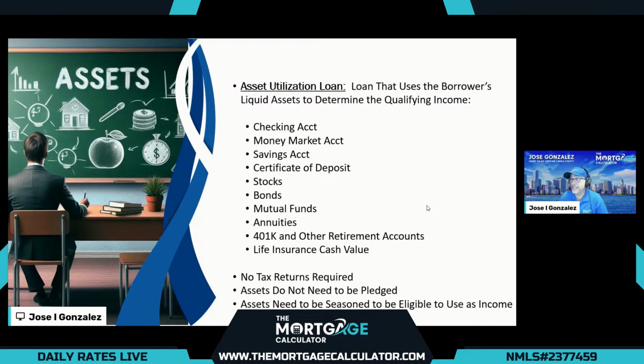We're looking at checking accounts, money market accounts, savings accounts, certificates of deposit, stocks, bonds, mutual funds, annuities, 401k and other retirement accounts, and life insurance policies that have a surrender value, a cash value. So there are certain policies that as you pay for them, you're actually putting it into a type of investment, which does have a cash value.